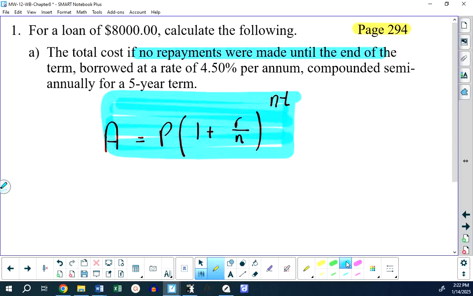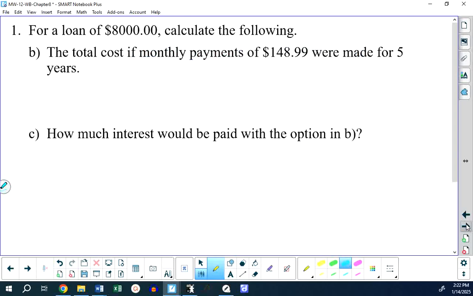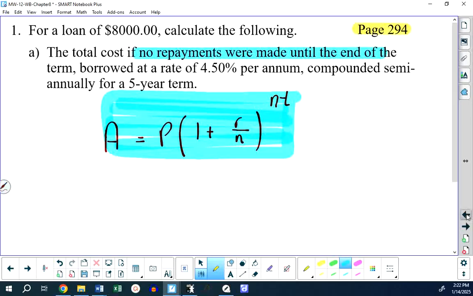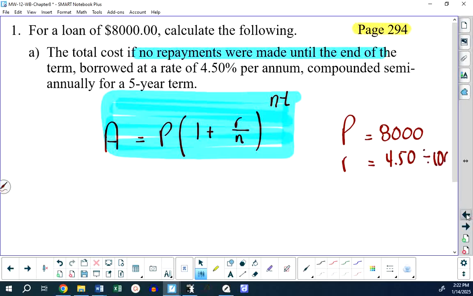So if we jump ahead and look at B, what's the total cost if monthly payments are made? That has nothing at all to do with the formula. So we take a look at this. The principal is $8,000. That's how much you borrow. R is 4.5 divided by 100.